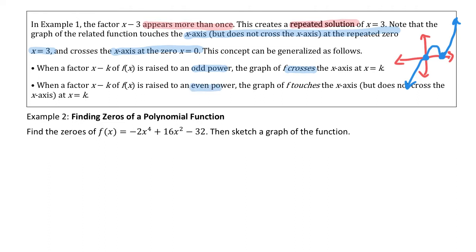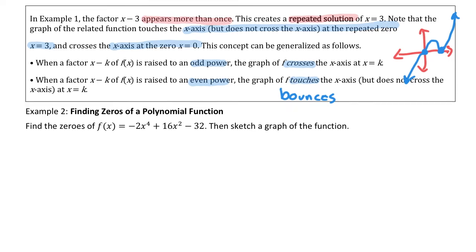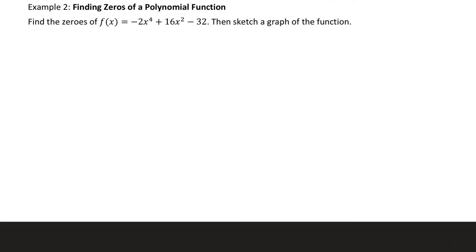If it's raised to an even power, the graph touches, I'm going to use another phrase for that, I say it kind of bounces off the x-axis. So I'm going to explain that more in depth in example 2, where we find zeros, which is essentially the same as finding solutions as we did up top.